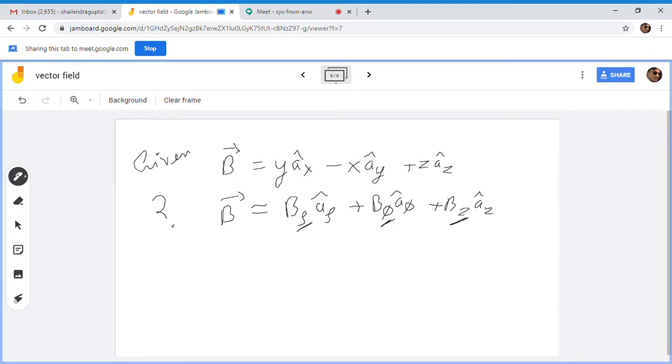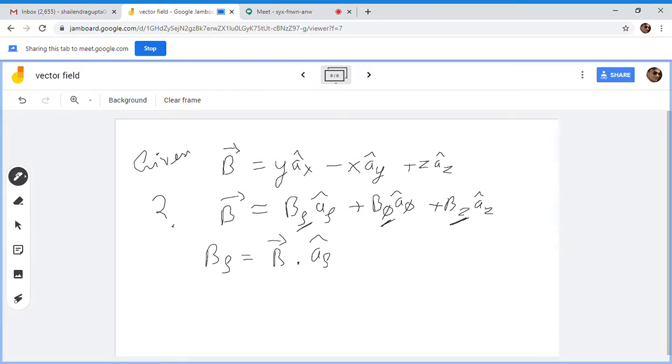What we did, we took the dot product of this b vector. If you want to find b rho, then we can take the dot product of this b vector with the unit vector a rho. The dot product of a rho with a rho will be 1.